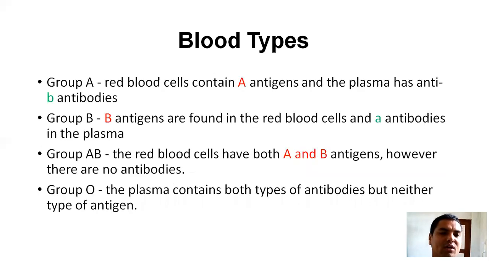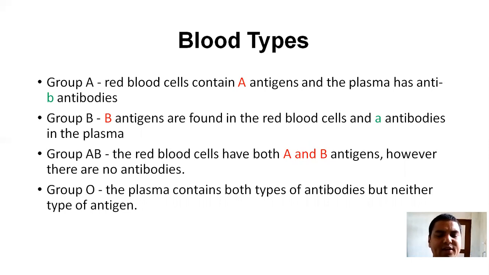Now, blood group A. Blood group A consists of antigen capital A, and the plasma has antibody small b. Group B. B antigen is found in RBC and small a antibody is found in the plasma.